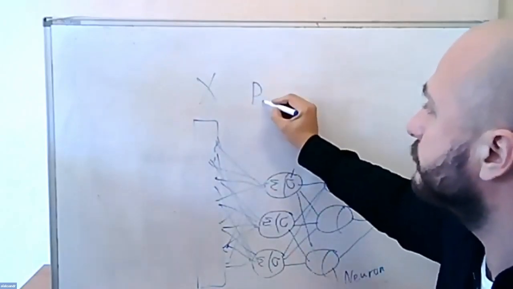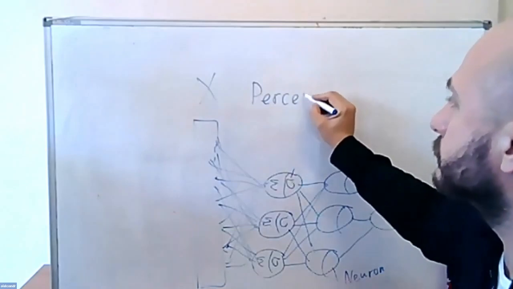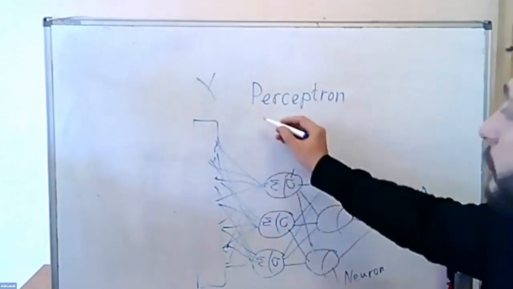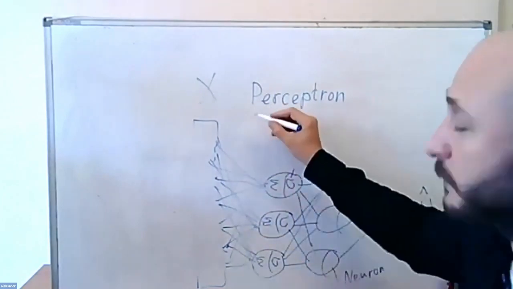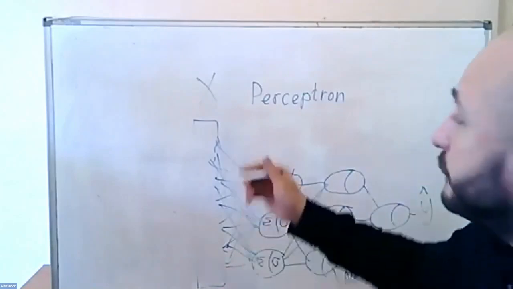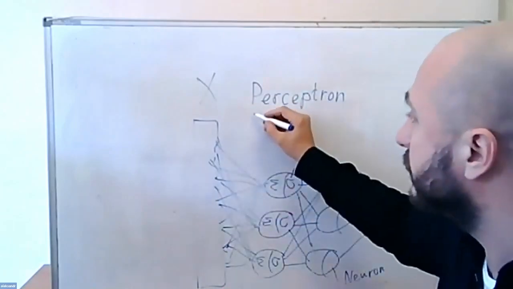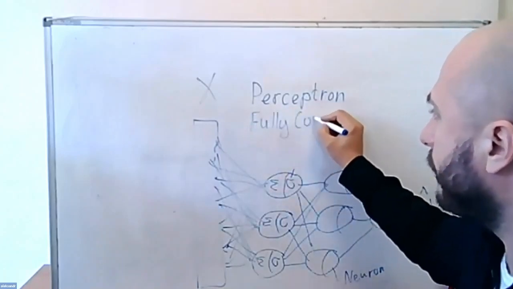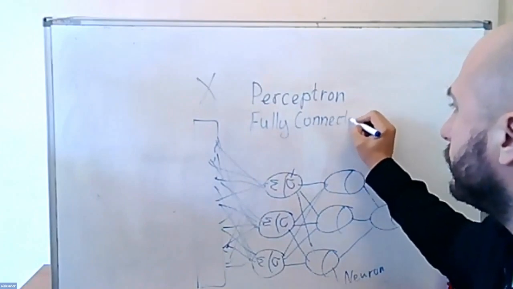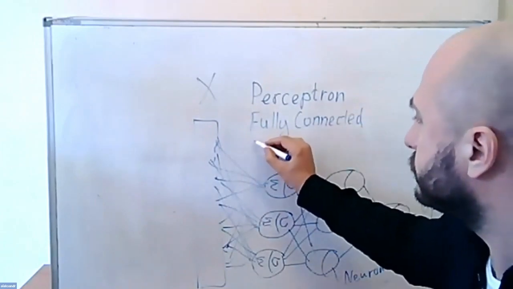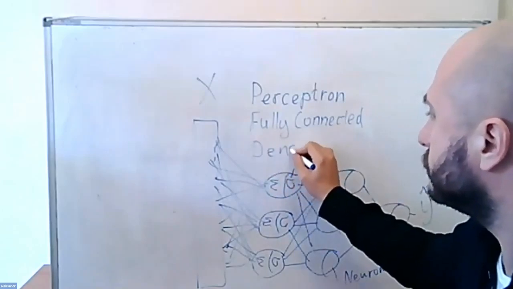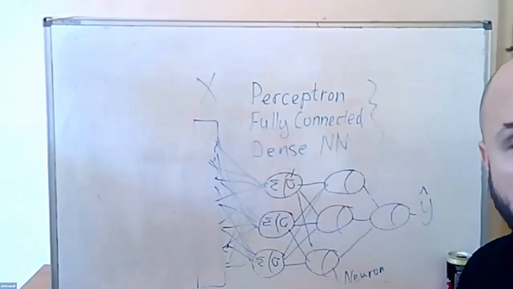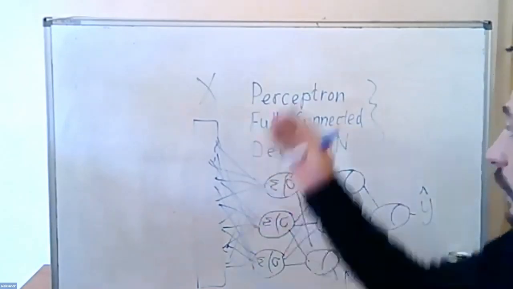It is called perceptron, but there are alternative names for this type of neural network, like a set of synonyms, all the same.